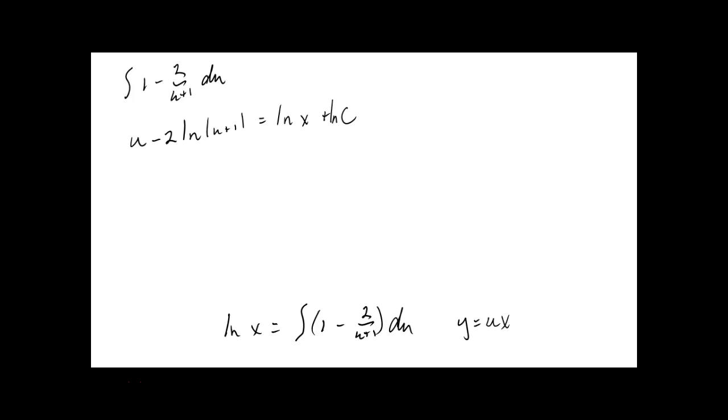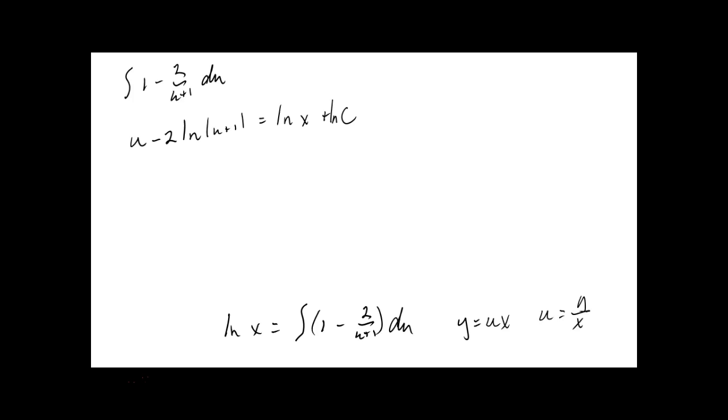And what they're going to do now is go back, and what we had before, y is equal to ux, but now u is equal to y over x, which is where that came from to begin with, right? Okay, so we're going to unsubstitute now.